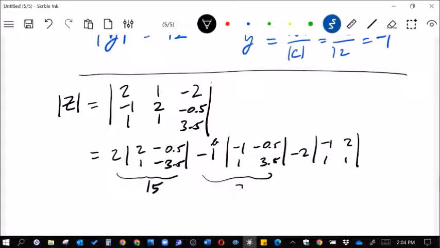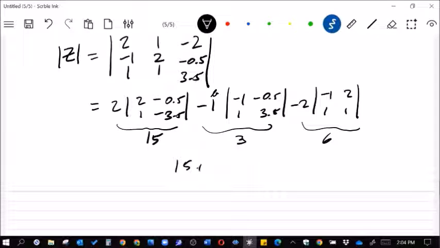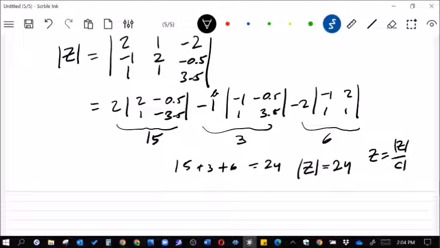This all comes to 3. And this all comes to 6. So I have 15 plus 3 plus 6 equals 24. So the z determinant is 24. And if I want to know what z is, that's equal to the z determinant over the c determinant, which is 24 over 12, or 2.